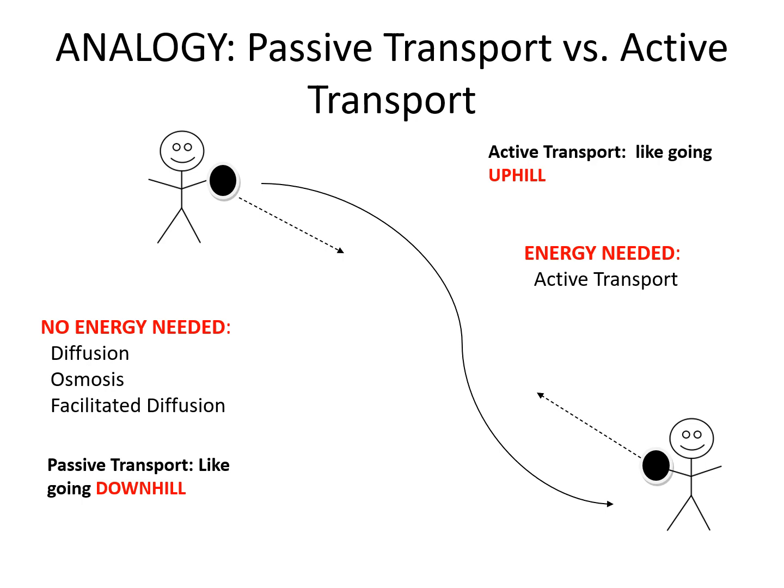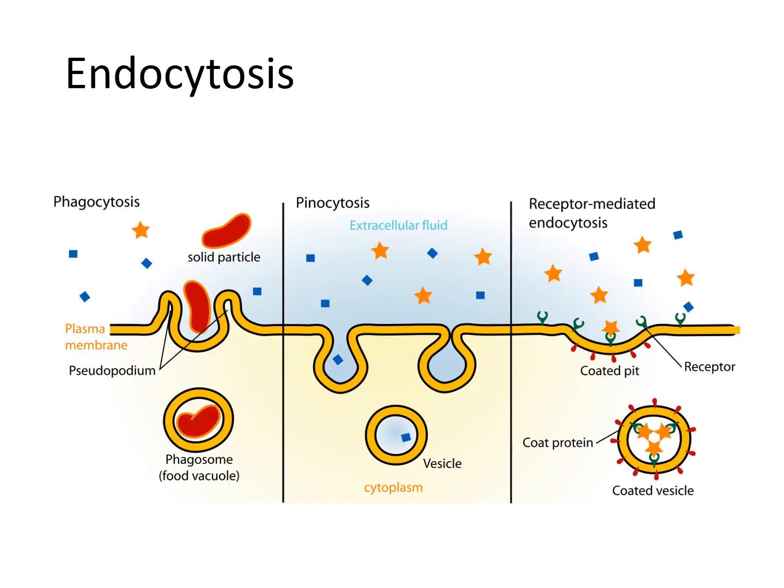If we compare the passive transport and the active transport, we see that passive transport does not require any energy. However, active transport requires energy, and active transport is uphill from lower to higher, while passive transport is downhill from higher to lower.